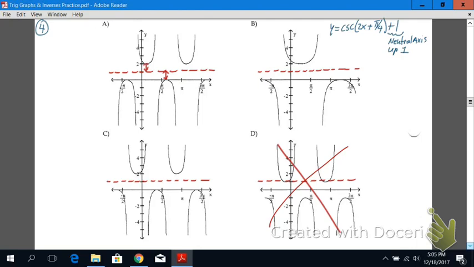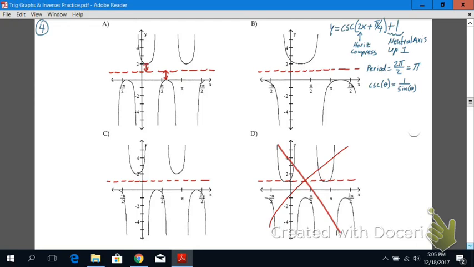The next thing I think is going to help me is the horizontal compression. Since this is a 2, I have to divide all of my x's. That's going to squish my period. I'm also going to look at the fact that a cosecant is the inverse of a sine.